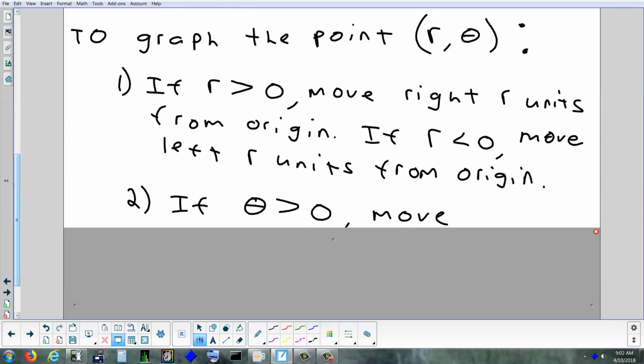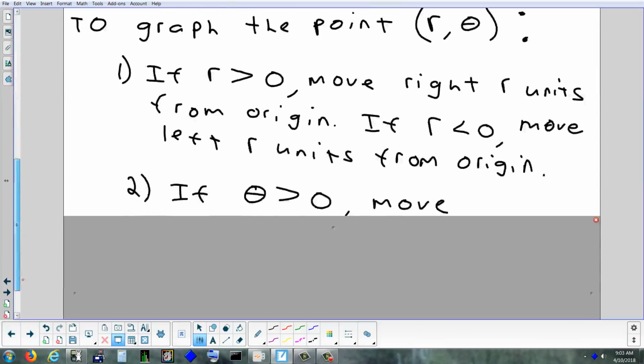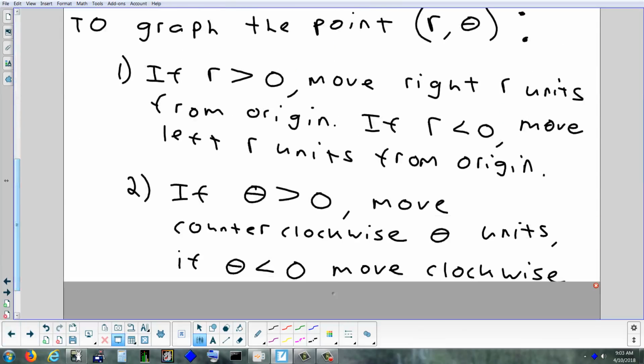Now, angle is movement on a circle. So when we're moving circular, we don't really say left, right, up, and down. What are the two directions you can move that are circular? Yeah? Clockwise and counterclockwise. Right. So from this point, we would either move clockwise or counterclockwise. Depends on the angle. So if it's greater than 0, we're going to go counterclockwise.